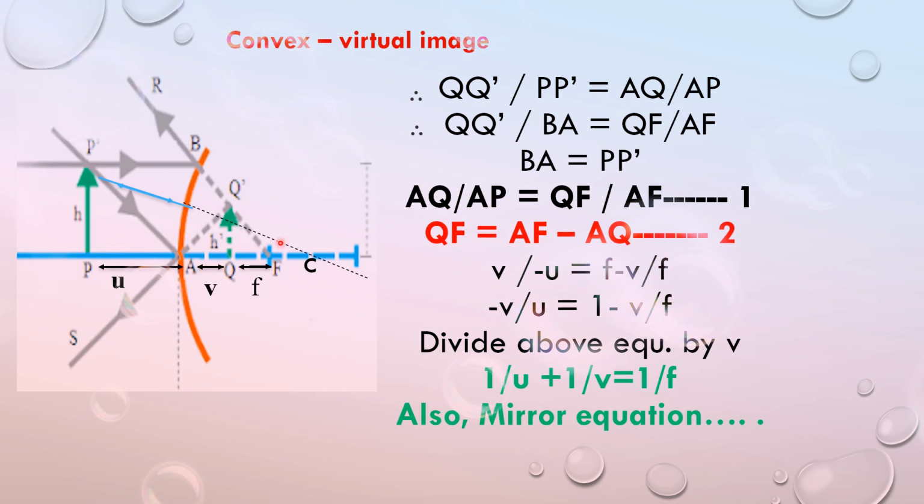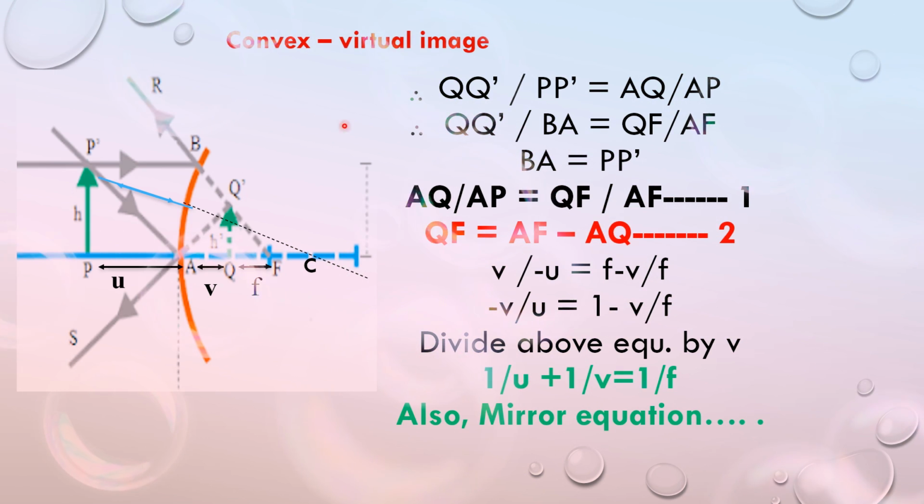That is, Q dash Q divided by P dash P is equal to AQ divided by AP. Similarly, for the second equation we can say that the right angle triangles Q dash QF and ABF are also similar, so we can write Q dash Q divided by BA is equal to QF divided by AF.